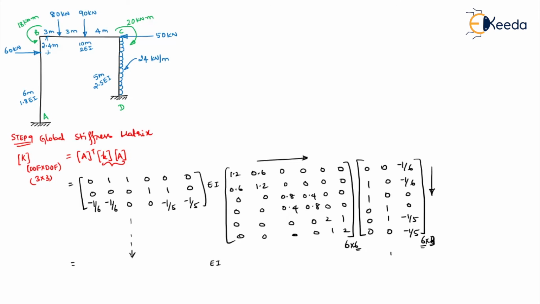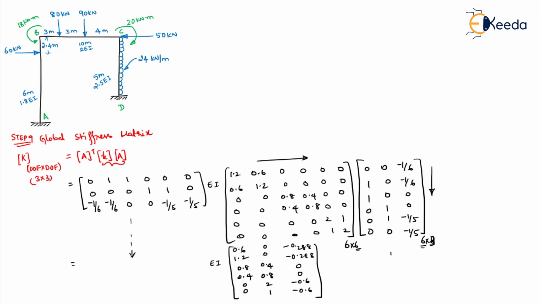So this will be EI into, I'm directly writing the values for you: 0, 0.6, 1.2, 0, 0.8, 0, 0.4, 0, 0. Coming here, 0, 0, 0, 0.4, 0, 0.8, 2 and 1. Coming here, minus 0.288, minus 0.288, 0, 0, minus 0.6, minus 0.6.